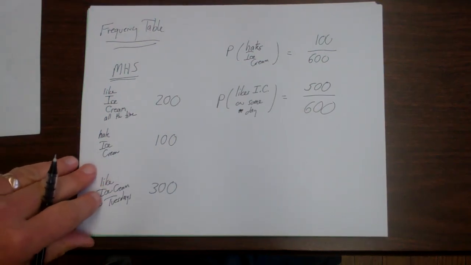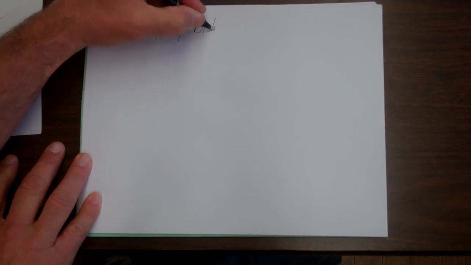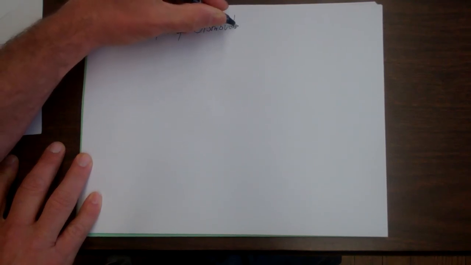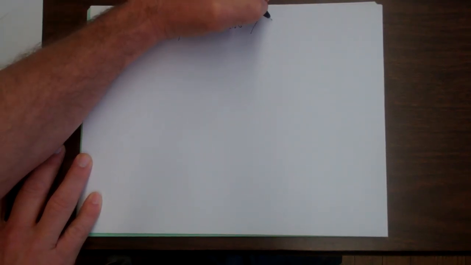If we do what's called a frequency distribution or a relative frequency distribution, that's also called a probability distribution.